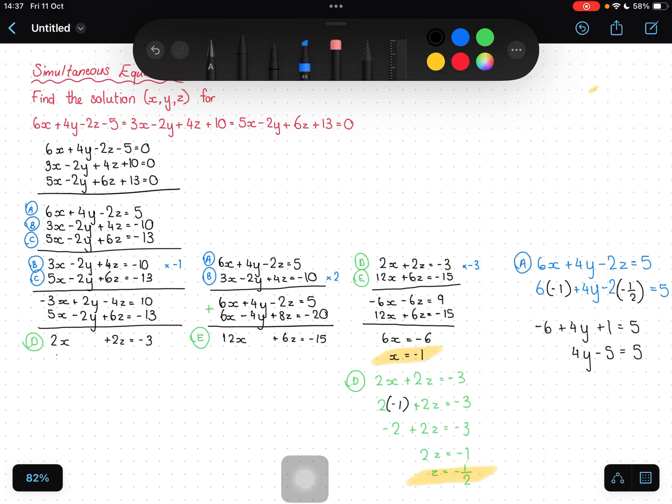Now let's use SABMIB or get all our numbers on one side and our variable terms on the other. We need to add 5 to both sides so that we get 4y is 10. So y is 10 divided by 4, which is 2.5. You can write it as 5 over 2, or 2.5. And that is our answer. I want the examiner again to be able to see my y answer clearly, so I'll highlight it.